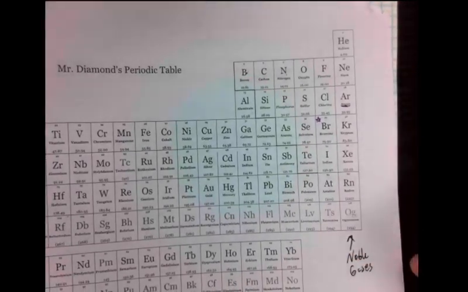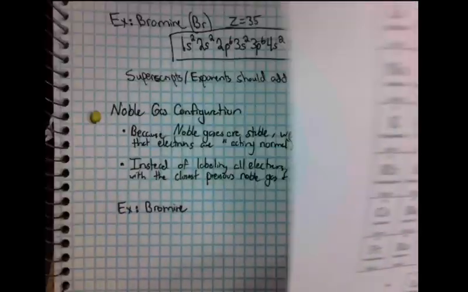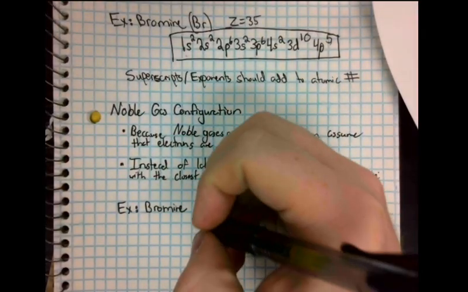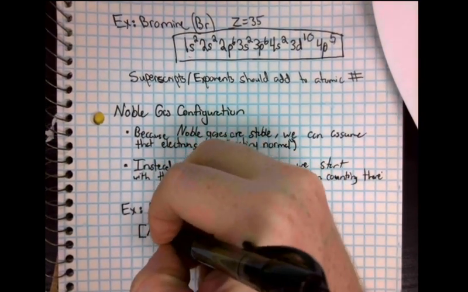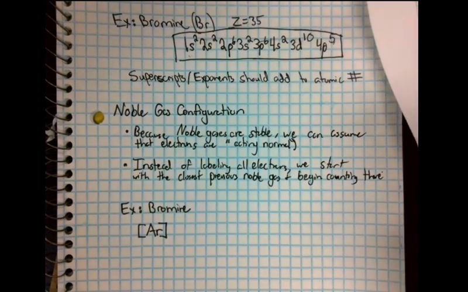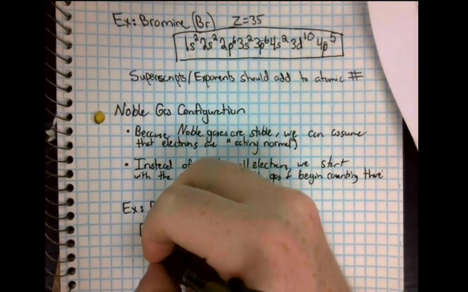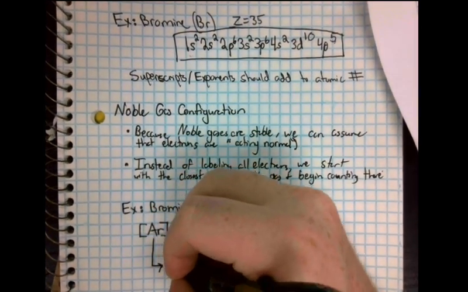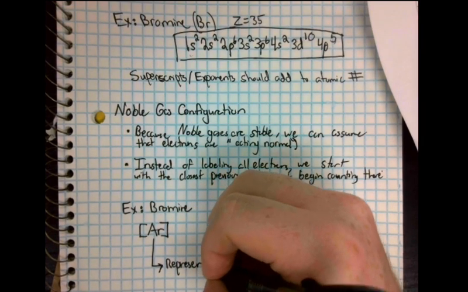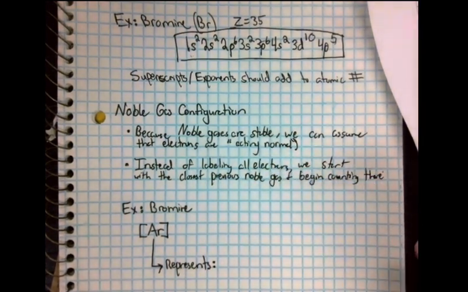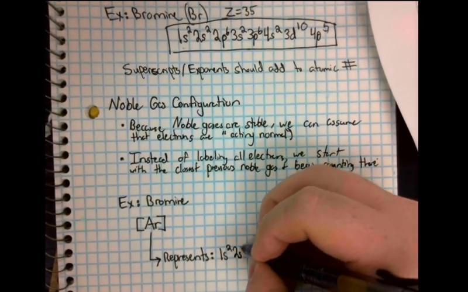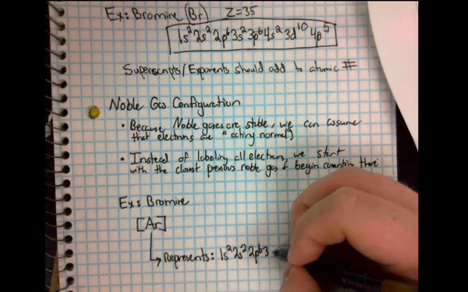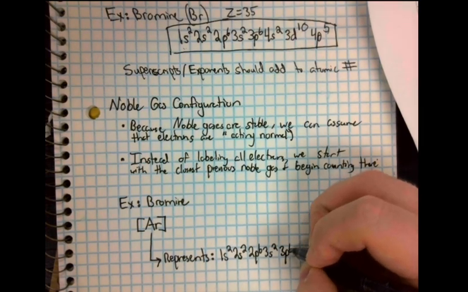So instead of starting with any of the other elemental things, we're going to start with a bracket and then the symbol for argon. And that bracket represents everything leading up to argon, which in the case of this one would be 1s2, 2s2, 2p6, 3s2, 3p6.